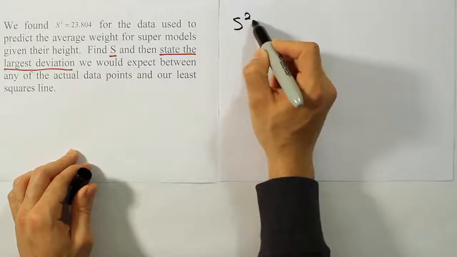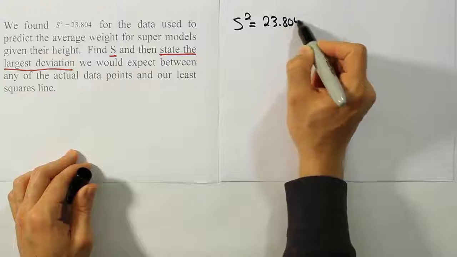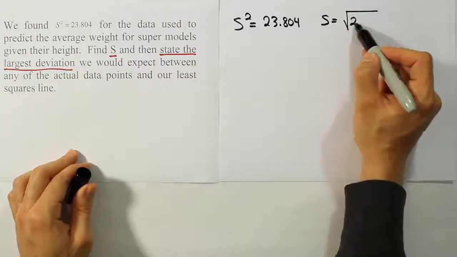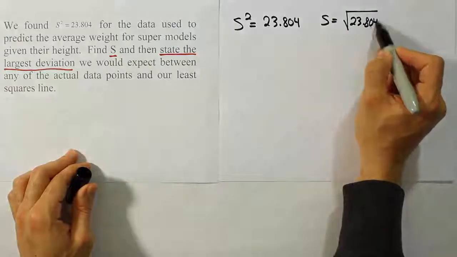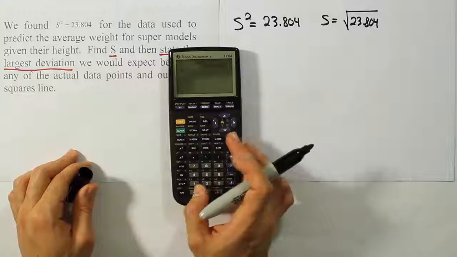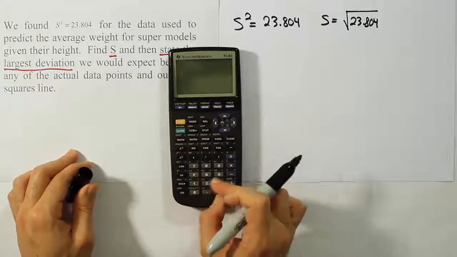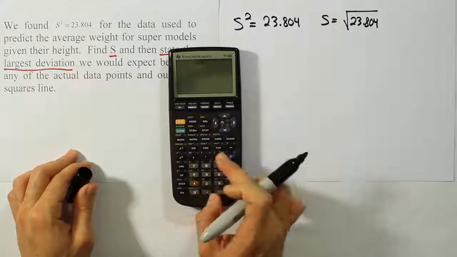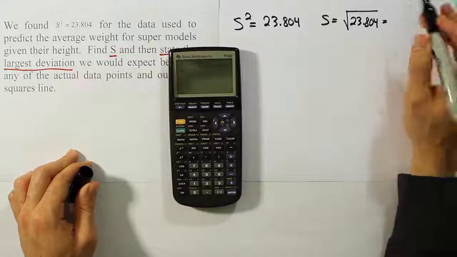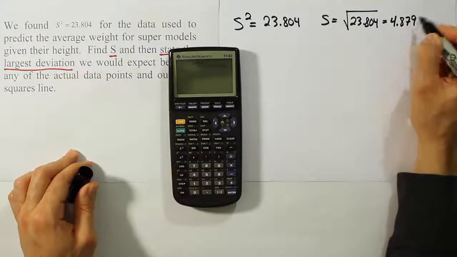So since s squared is equal to 23.804, we can show that s is equal to the square root of 23.804. Let's see what that turns out to be in our calculator. We have the square root of 23.804, close the parenthesis, and we get the answer 4.879, let's say.